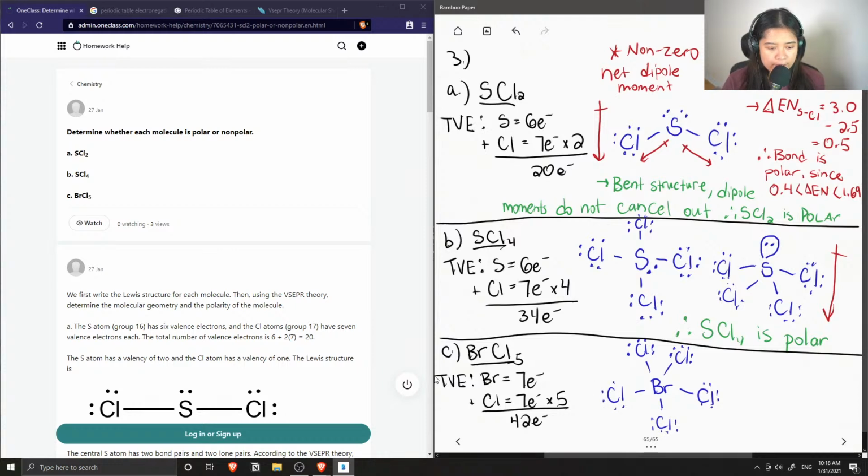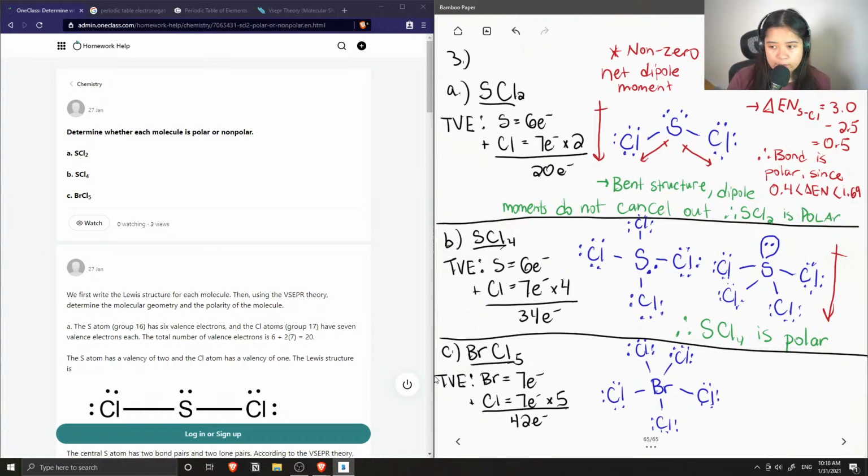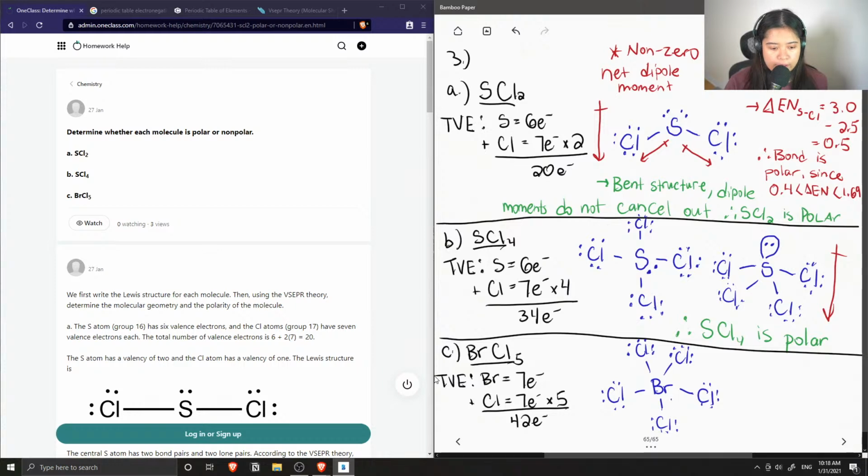Okay, so if I count out all the electrons I have so far, I only have 40 out of the 42. So I need to draw my remaining 2 on my bromine. And this is similar to our previous example, where our central atom has 1 lone pair. So again, we have a non-zero dipole moment.